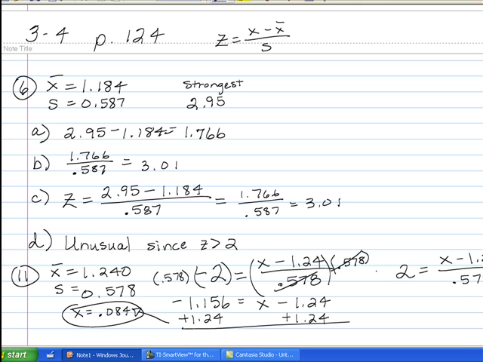Over here we're going to have a positive 1.156. And then we're going to add the 1.24. So I'm getting 2.396. So it would be between 0.084 and 2.396.